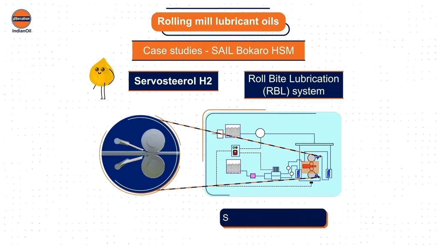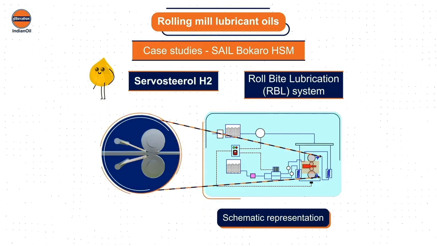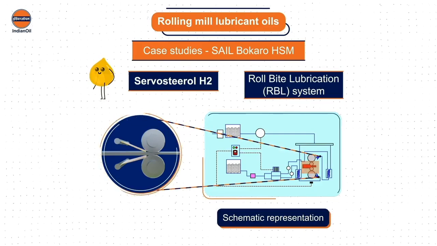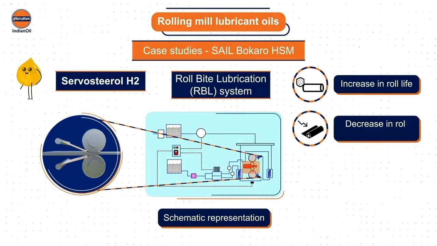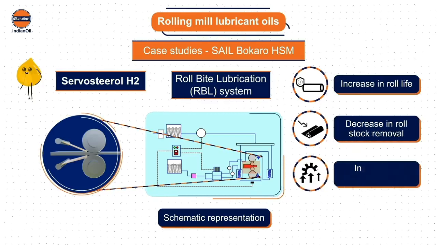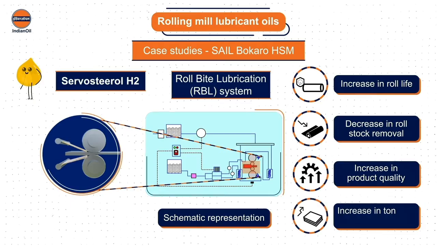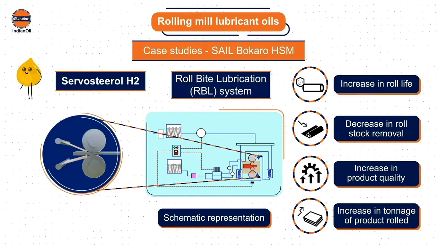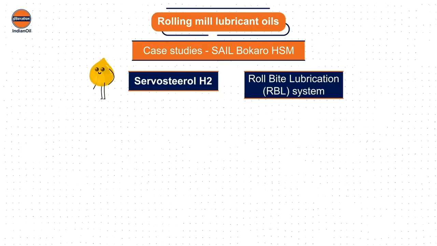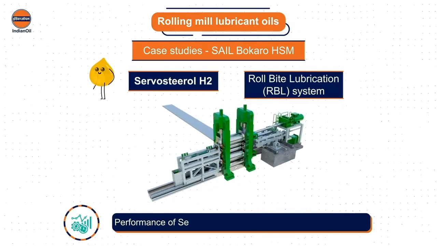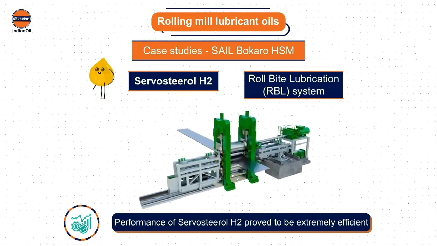This is the schematic representation of the RBL. RBL is introduced to ensure the desired increase in roll life, decrease in roll stock removal, increase in product quality, and increase in tonnage of product rolled. As a result of using the RBL system, the performance of Servosterol H2 proved to be extremely efficient.